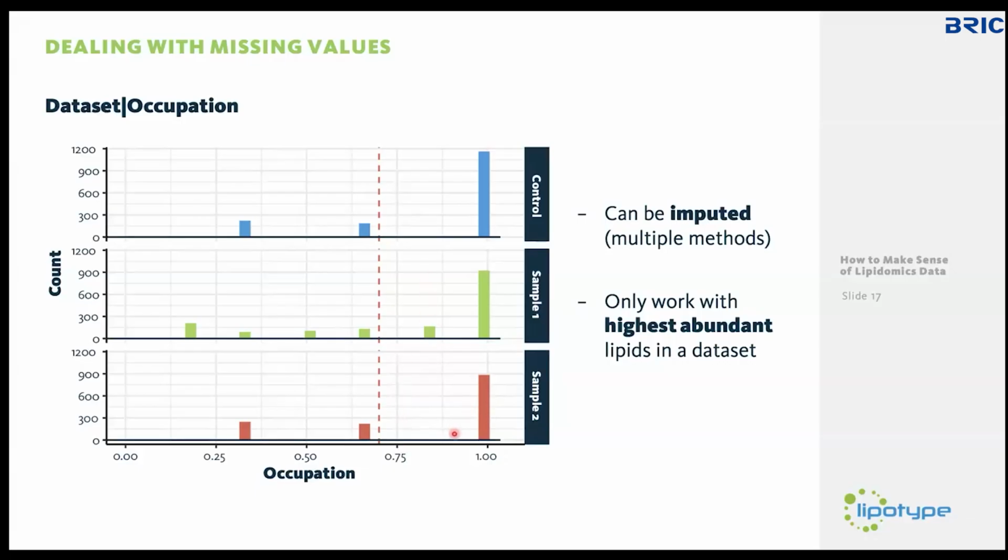It has to be that about 70 to 80% of the values are there. And then you continue working with these lipids, even if they might be missing in one or the other sample.